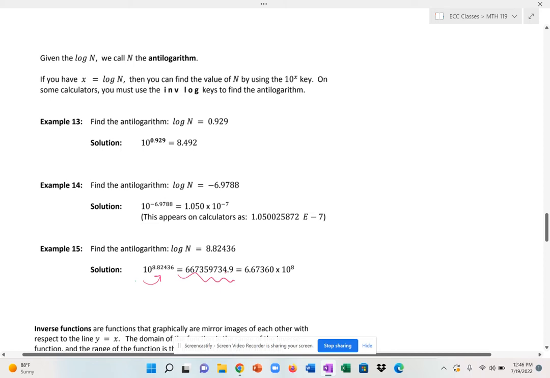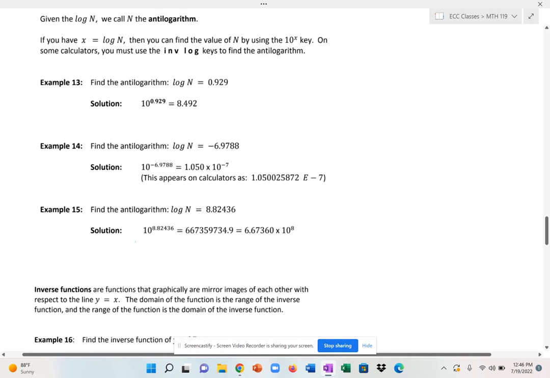If I move this 1, 2, 3, 4, 5, 6, 7, 8 places, I'll have a decimal here between the 2 sixes. So this is 6.67360. I rounded off right here, times 10 to the 8th. So again, anytime you're rounding, that is an approximate answer. So this is what the calculator would give you. This is scientific notation.